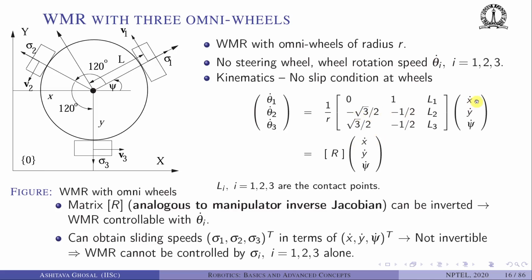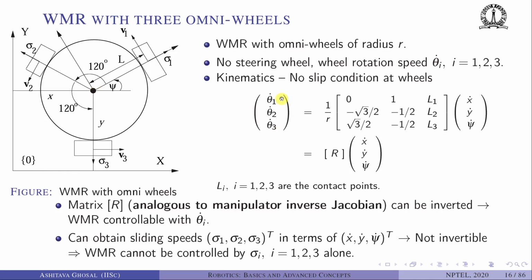This will be related to x dot, y dot, and psi dot. So x dot, y dot, and psi dot are the linear and angular velocity of this platform. This L1, L2, L3 are nothing but the contact points from the center of the platform.